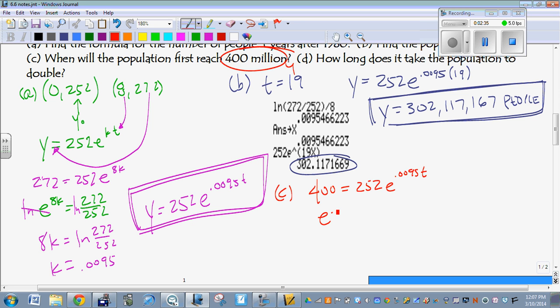So e to the 0.0095t equals 400 over 252. And then we have to take the natural log of both sides. We get 0.0095t equals natural log of 400 divided by 252.